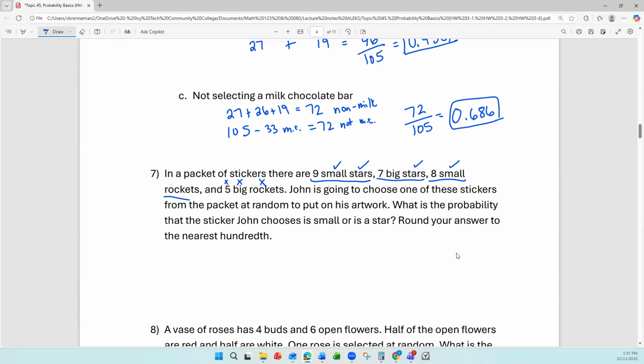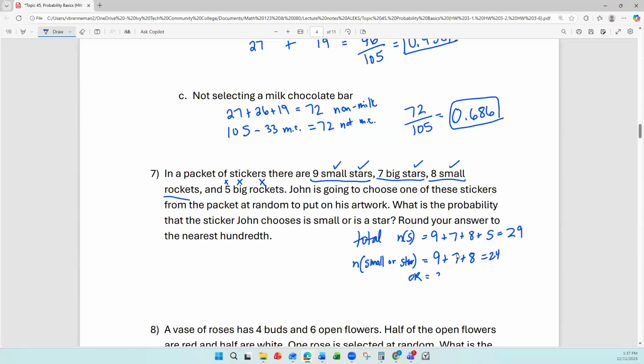Now we're going to need the total N of S, is 9 plus 7 plus 8 plus 5, which is 29. Then for the small or star, you could do 9 plus 7 plus 8 to get 24.